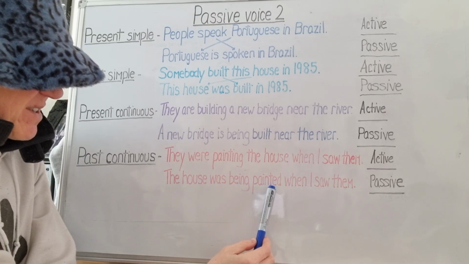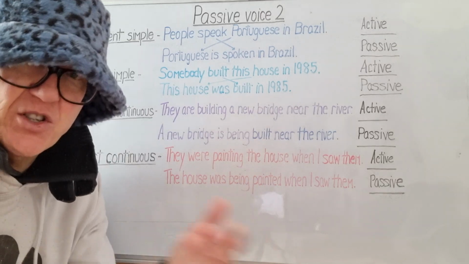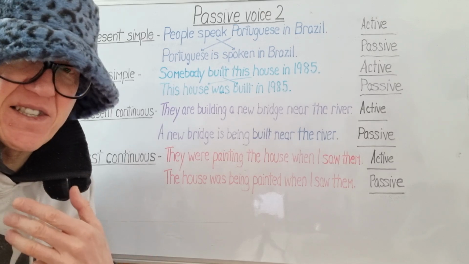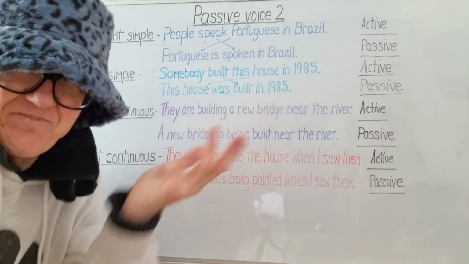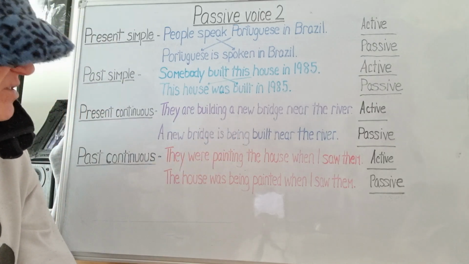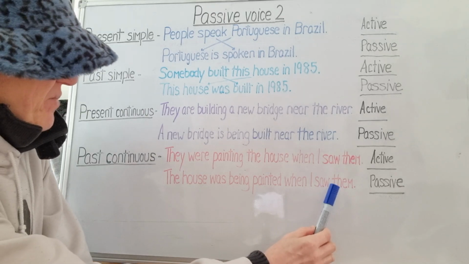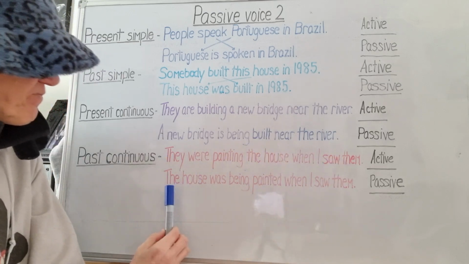And then the past participle, was being painted. You were being taught. I am being told. The house was being painted when I saw them, the people. Okay, the people who are painting the house.